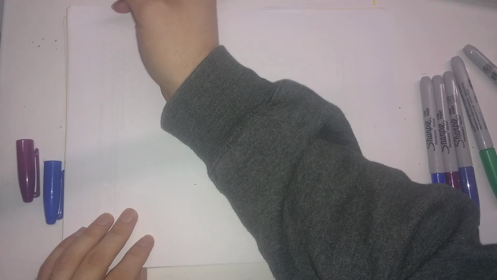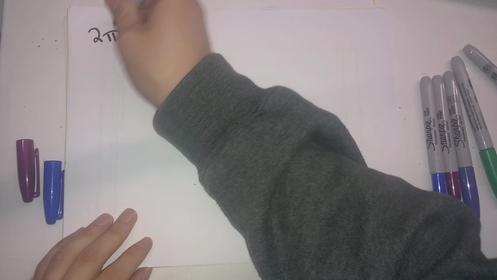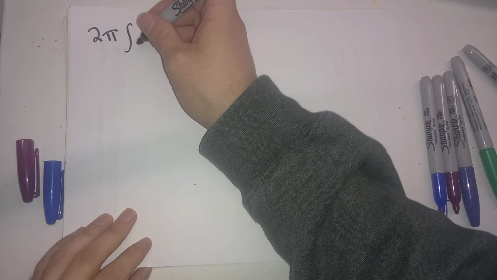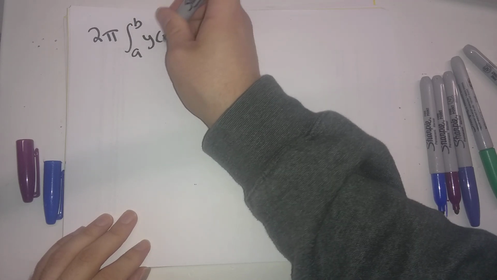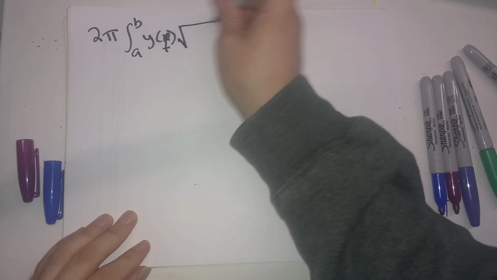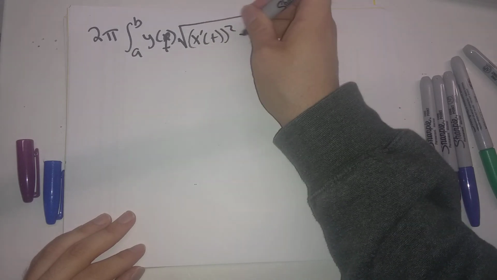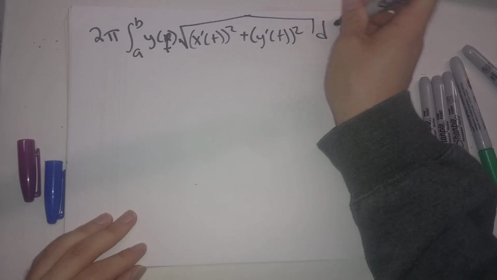Okay, so next slide we're going to start writing down the necessary parts for our formula. Well, what is the formula? Maybe I should have led off with this. In general, it's 2 pi times the integral from a to b of y of t times the square root of x prime of t squared plus y prime of t squared, all of that dt.